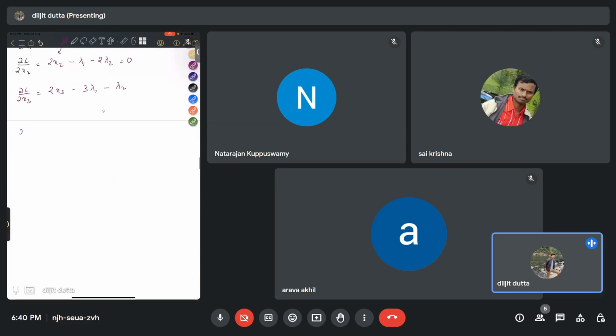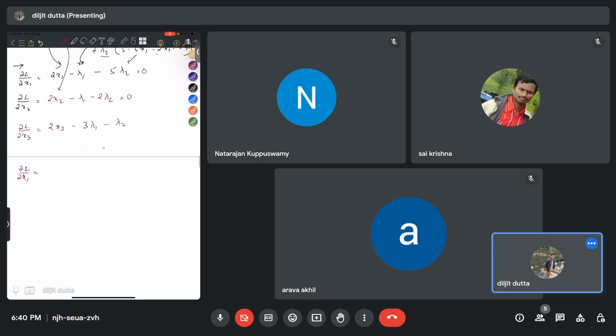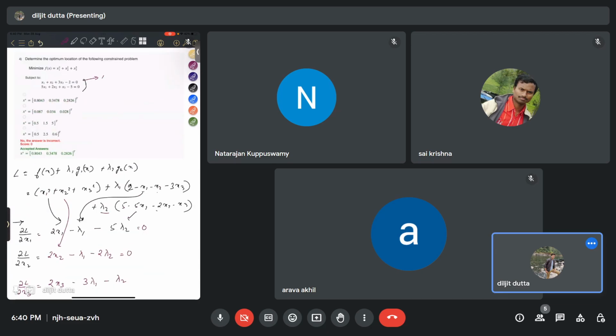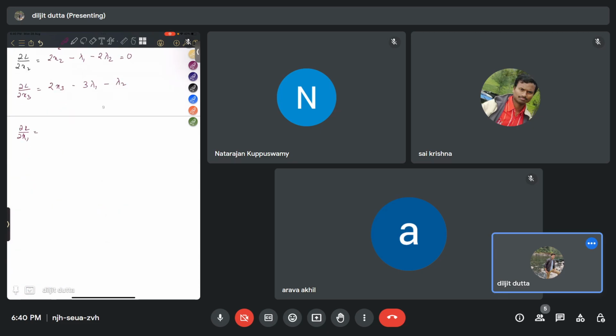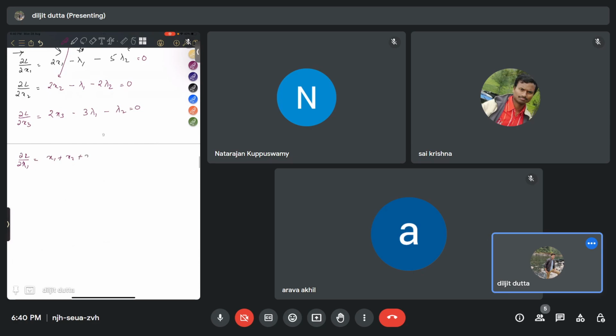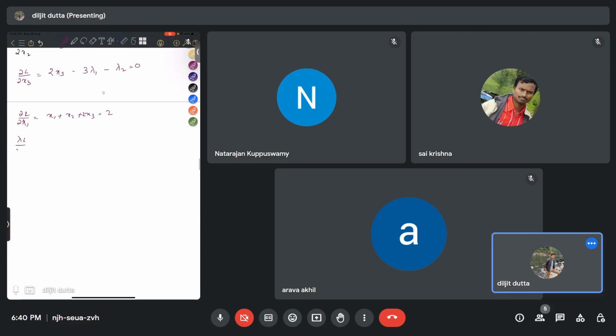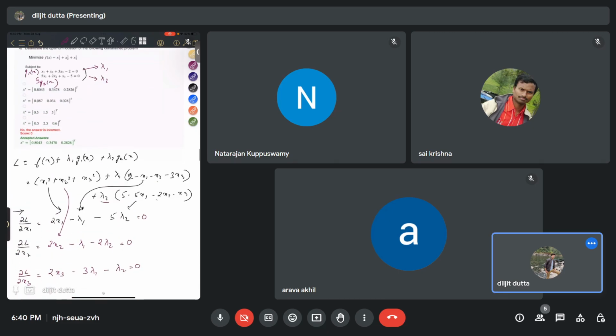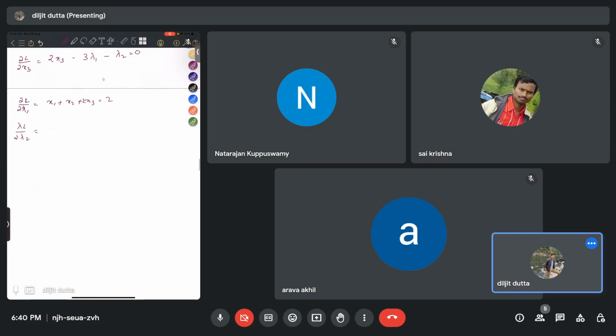Now the constraints will come: del L by del lambda 1 and del L by del lambda 2. This gives x1 plus x2 plus 3x3 minus 2 is equal to 0, and the second constraint will come: 5x1 plus 2x2 plus x3 is equal to 5.